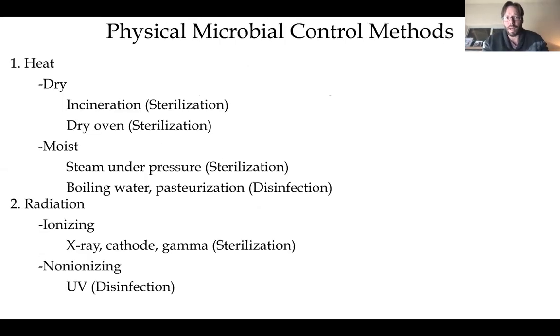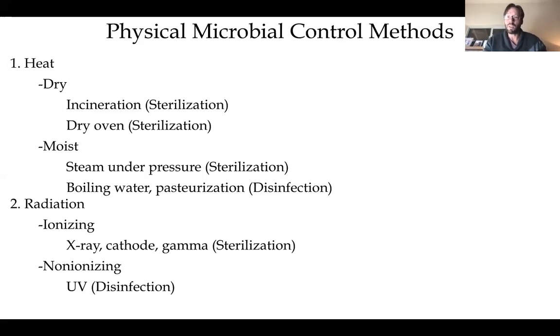But these physical methods are, as I said, heat. And heat can be in the form of a dry heat, so incinerating something or having a dry oven. Or heat can be, and I hate this word, moist. It can be a moist heat. So from now on, now that I've said it, we'll just say a sufficiently hydrated heat.